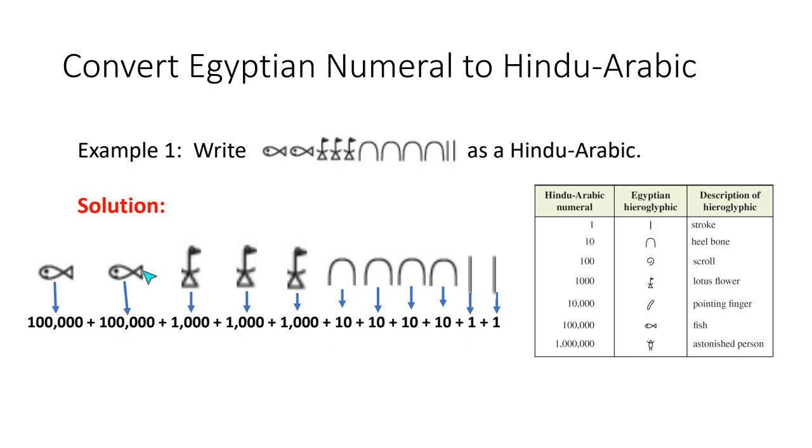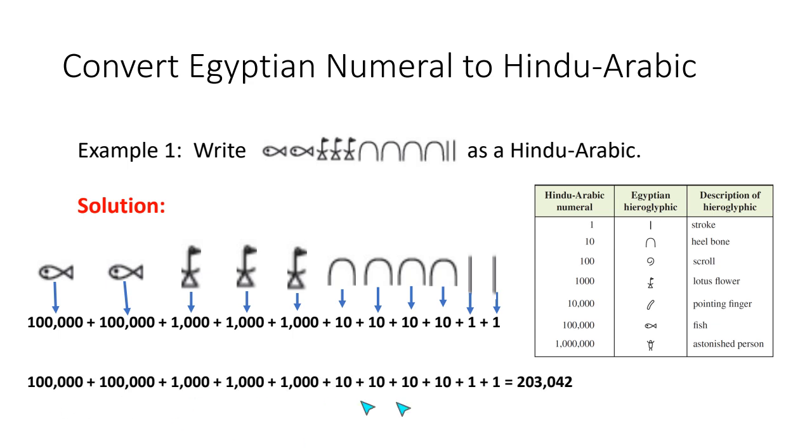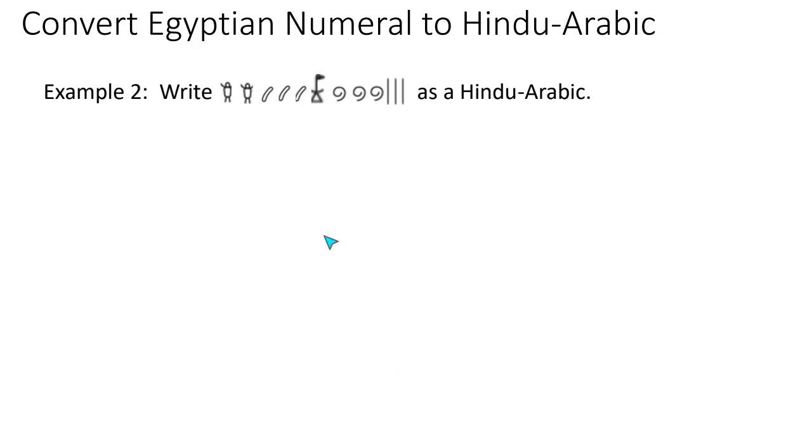These are the values for these symbols. To convert it, we just add them together, and this number is 302,042. This symbol here represents this amount in our system. Again, the additive system makes it easier because we're just writing down what that number is.